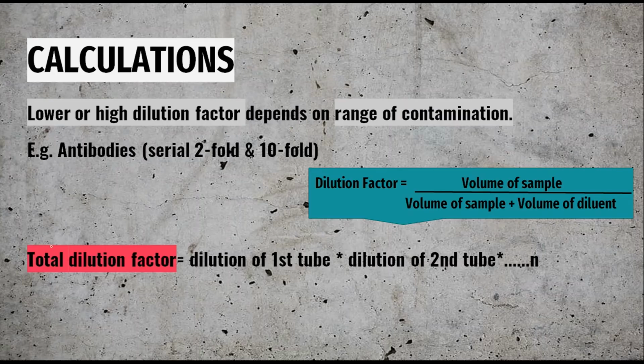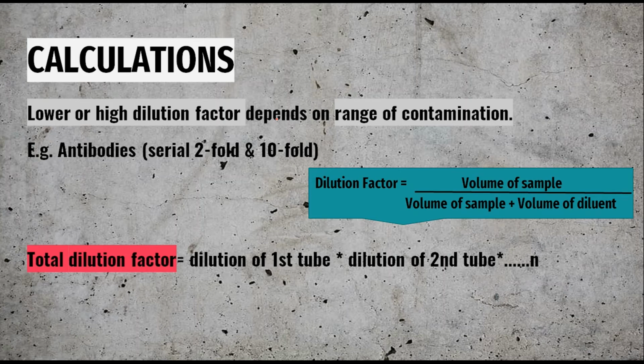Next we are going to discuss some calculations related to the serial dilution formula, which need not be explained much because these are very simple. First, a lower or higher dilution factor depends on the range of contamination. The dilution factor can be low or high depending on the range of contamination in the sample.